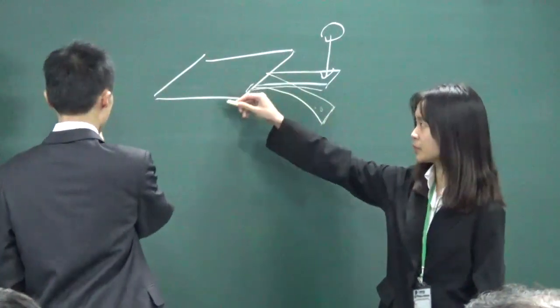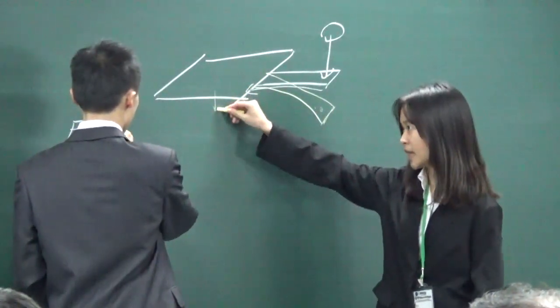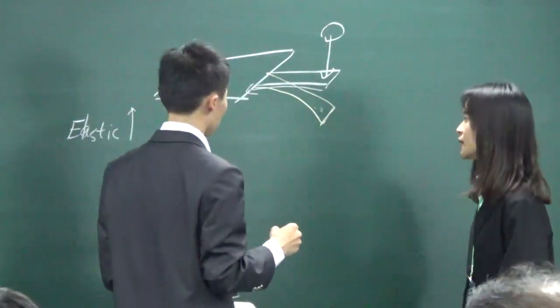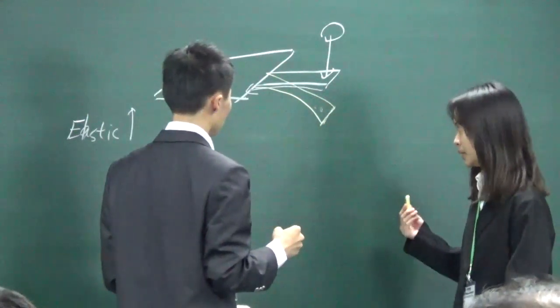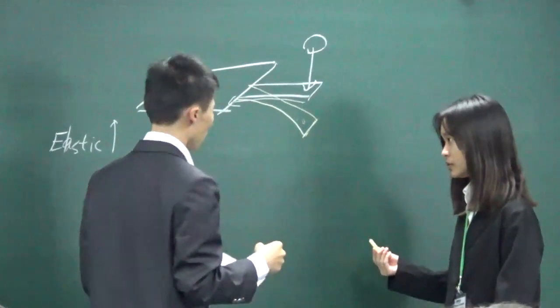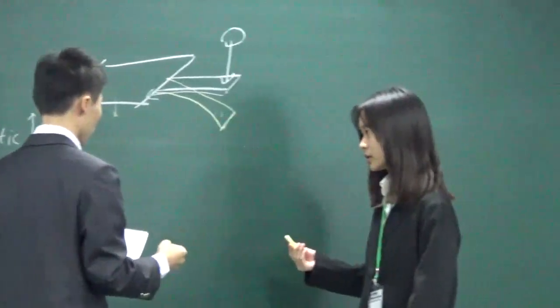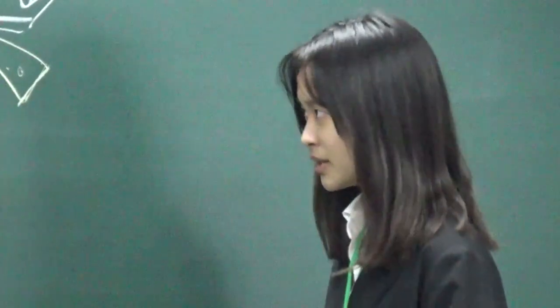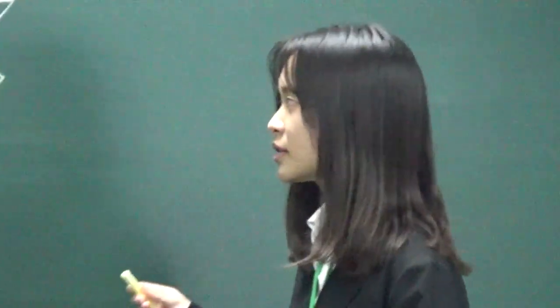So the paper has more time to press the ruler down, so the critical height will actually be lower. So higher or lower? If your ruler has more elasticity, then the critical height will be lower.